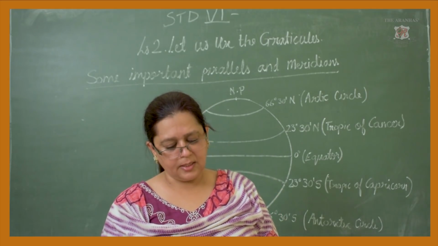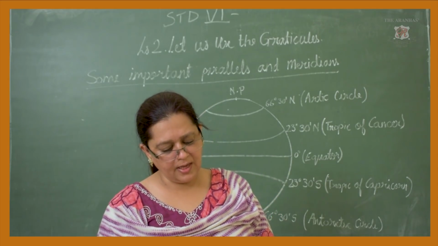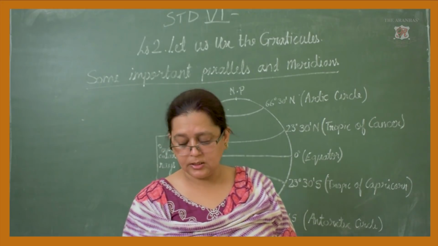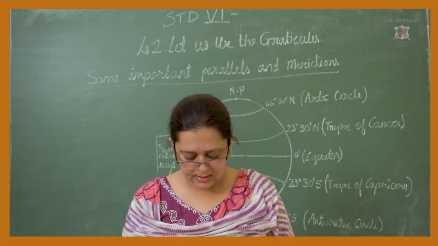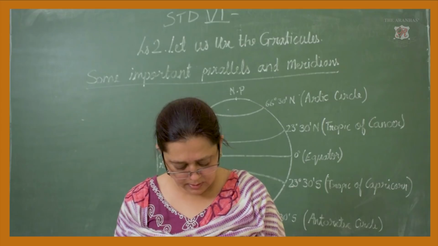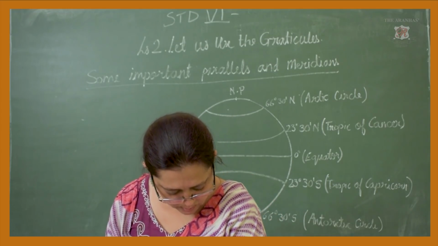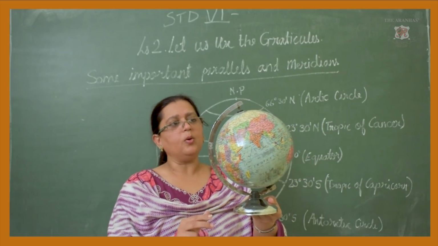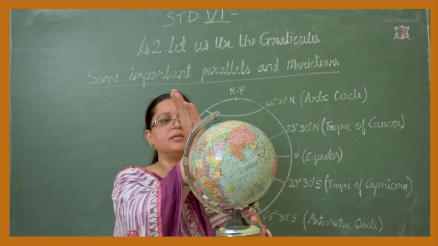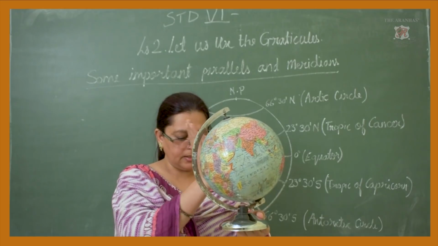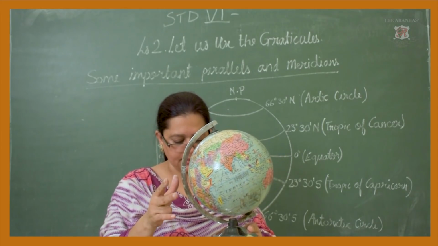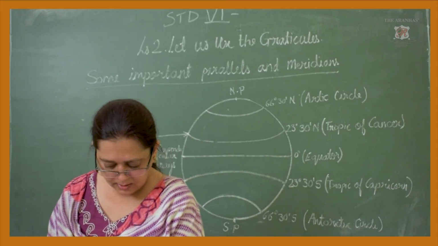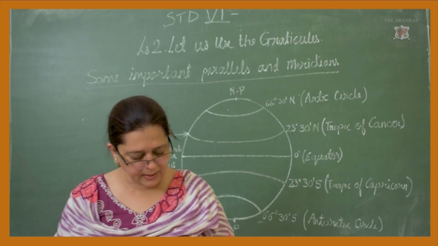Now, in fifth standard, we have studied that the Earth's axis is inclined. These important parallels arise because of this. You have seen the globe. In the globe, we can see the Earth's axis is a little bit tilted, isn't it? Yes, it is inclined.